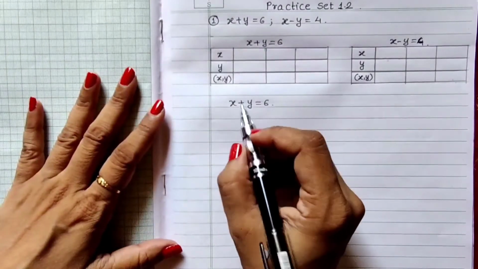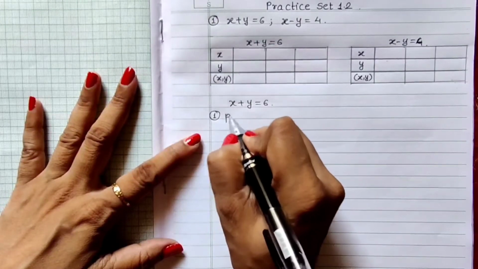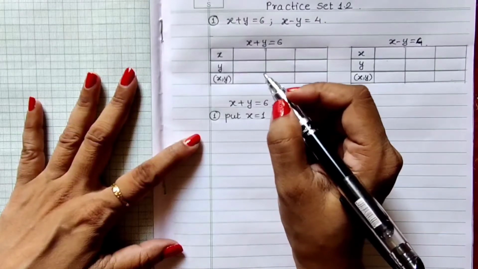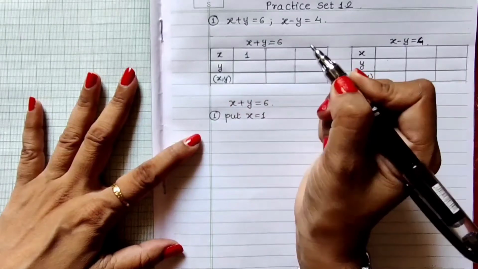So let us start: first one, put x is equal to 1. We take x values on our own, any value for x. So I have taken 1.